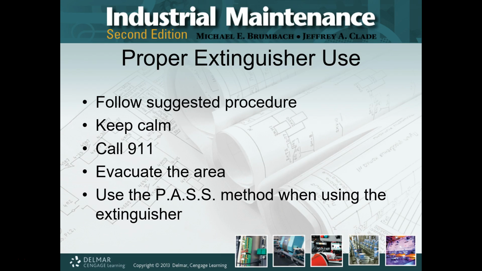So if you've got a 2A and 5BC, that's only 2 square feet for wood burning, and then 5 square feet of either flammable liquid or an electrically charged fire. So it goes quick. Once the extinguisher is used up, if the fire's still going, your job is to get the hell out. Now, if you happen to knock down the fire, awesome.